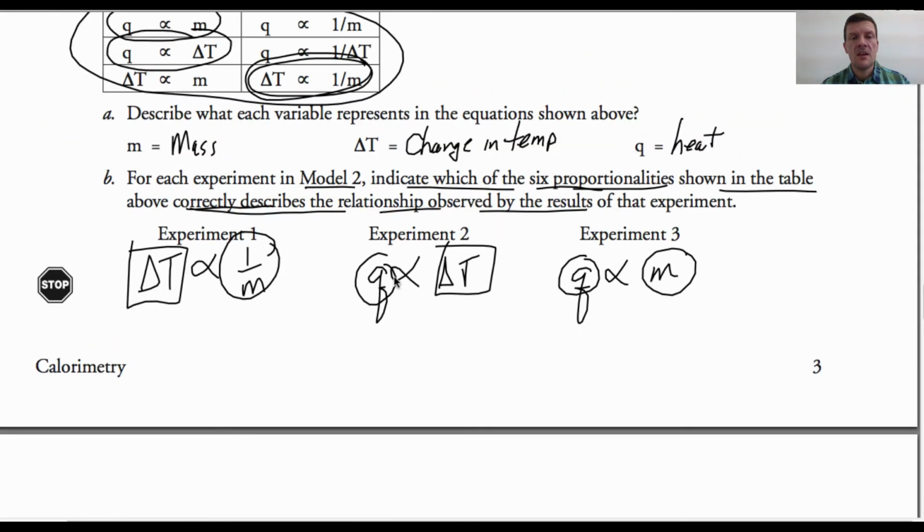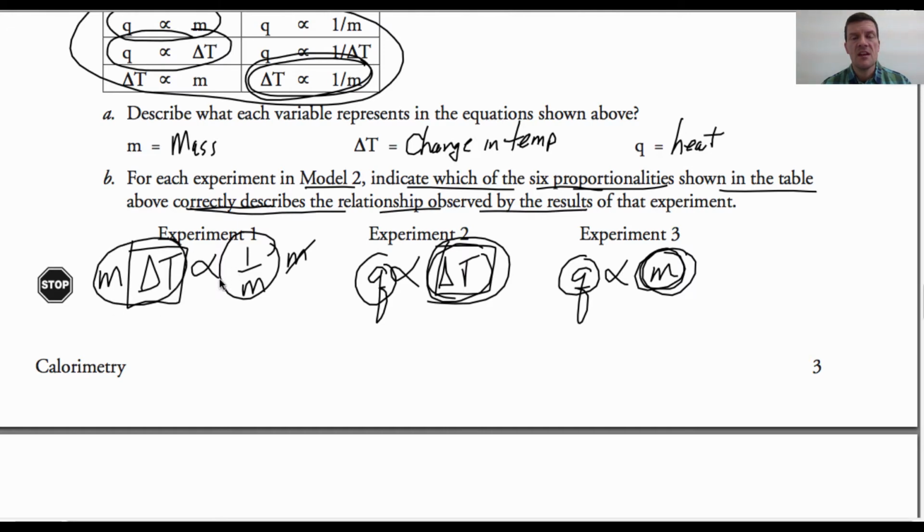All right. Q is directly proportional to delta T, and it is directly proportional to M. And if you put T and M on the same side, then they're going to be inversely proportional. For example, if I was to multiply both sides by M here, I would get T and M on the same side.